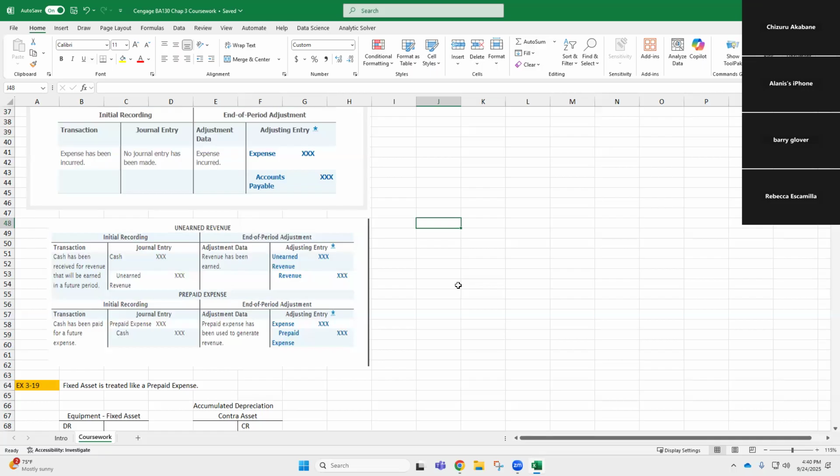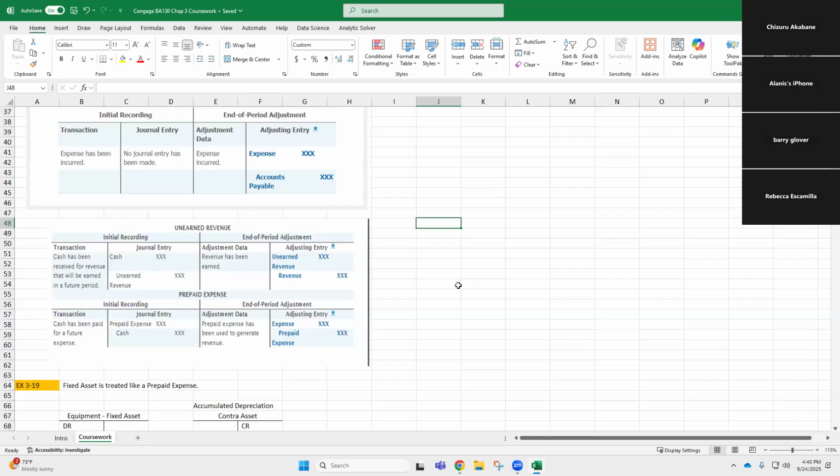For example, equipment and buildings. Fixed assets depreciate. Fixed assets are expensed as they are used or consumed in the business operations.